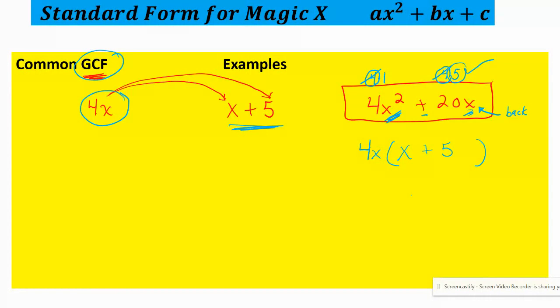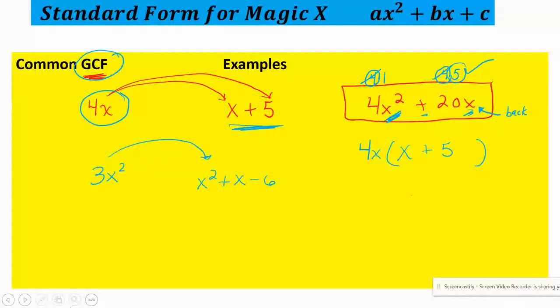Let's do one more. So let's say I gave you a problem like this, and I wanted the greatest common factor to be 3x squared. So as your teacher, what I do is I take 3x squared and I multiply it to everything.